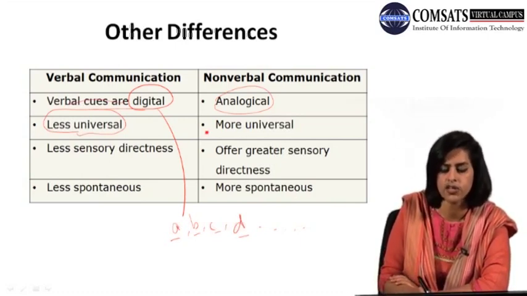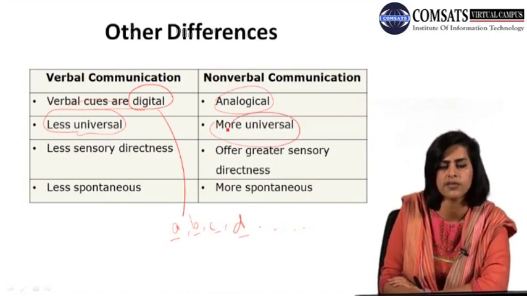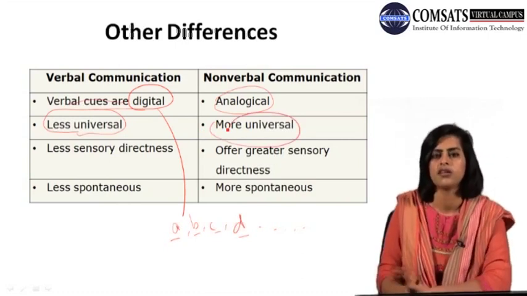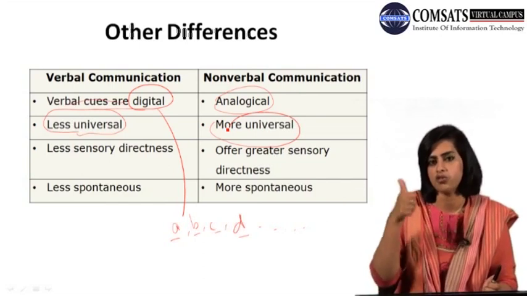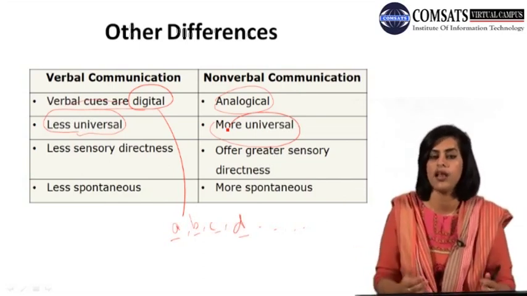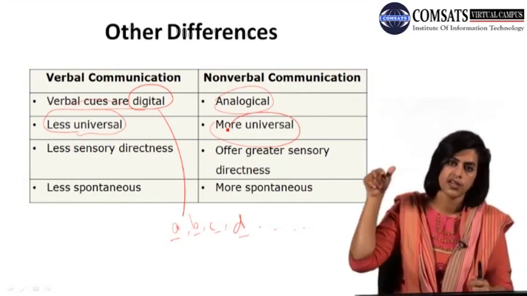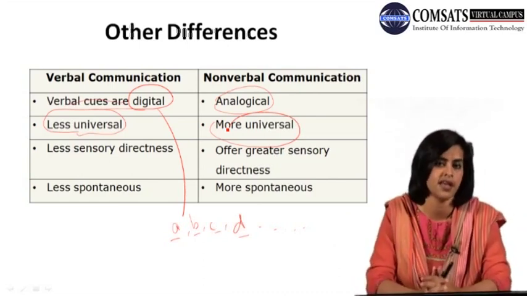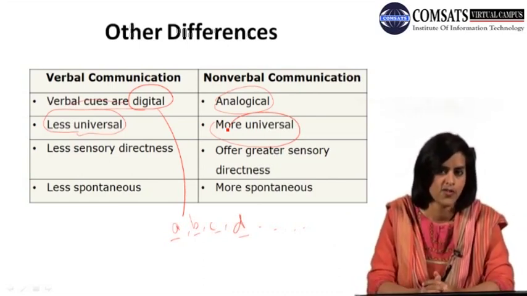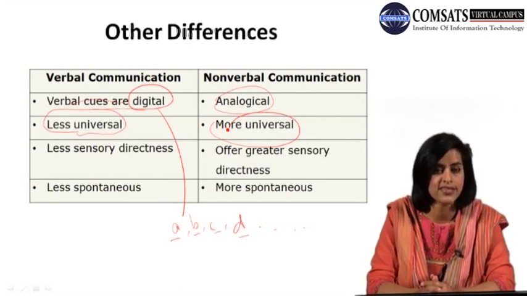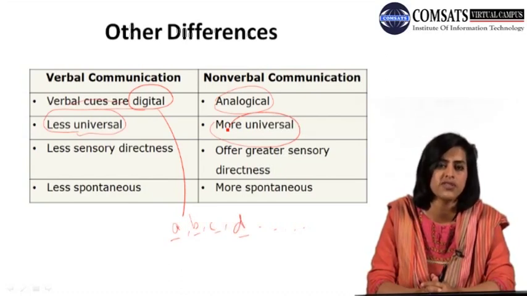However, non-verbal communication is more universal as compared to the verbal one, because the way you say goodbye, the way you say okay, the way you say I am well, and the way you point towards something, all of these things are stronger than your verbal communication. Then verbal communication has less sensory directness, so very minimum sensations of yours are involved in it.